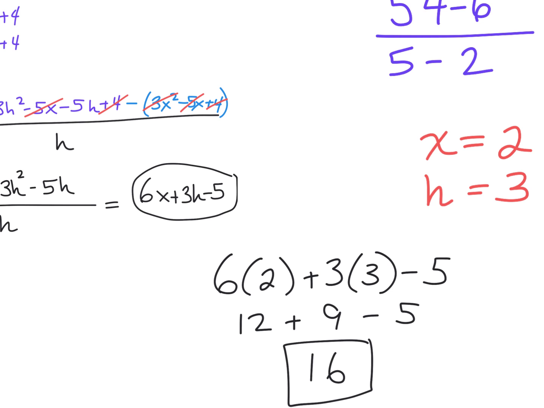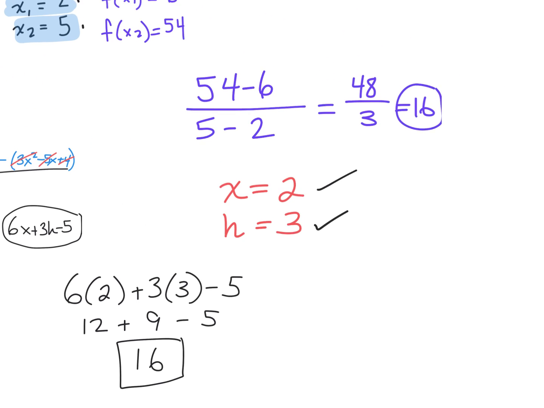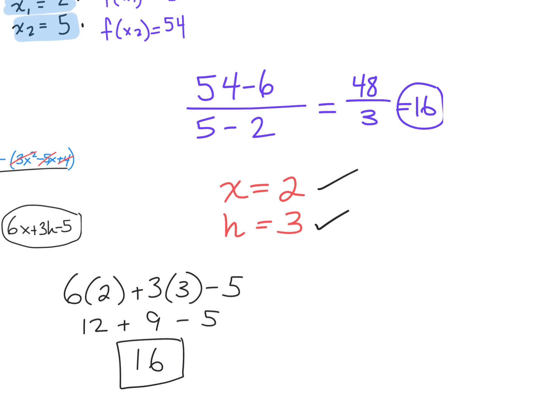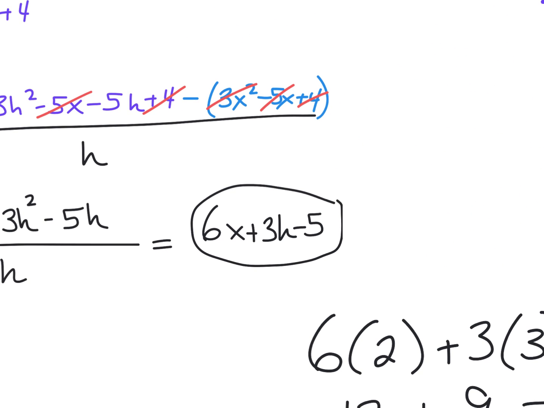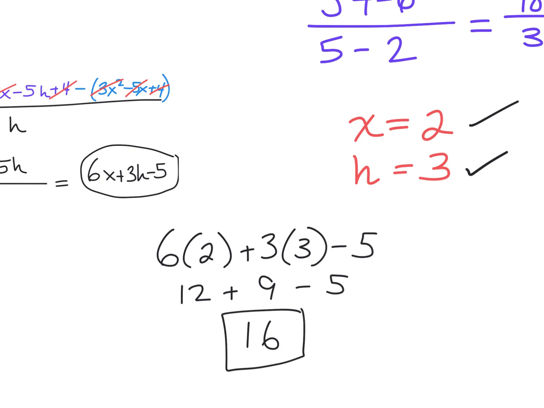Hopefully that sounds familiar. That is the exact value of the slope between points x1 of 2 and x2 of 5 that we found directly using our average rate of change formula. I could do the very same thing with the simplified form of our difference quotient, plugging in our x and h values.